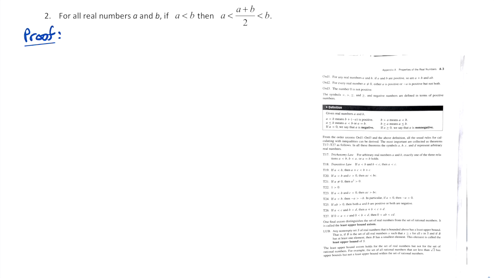Well, why don't we suppose that A and B are distinct. We want to say distinct real numbers because of that inequality.